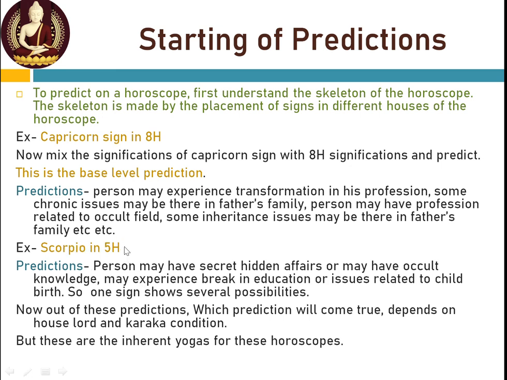Scorpio in the 5th house. 5th house is education, 5th house is child, 5th house is mantra, 5th house is power. So mix these significations of the house with the energy of Scorpio. Now consider the traits of Scorpio like Mars also and the traits of Scorpio like the 8th house also. So this is how you can mix significations and make a list of predictions that can happen.